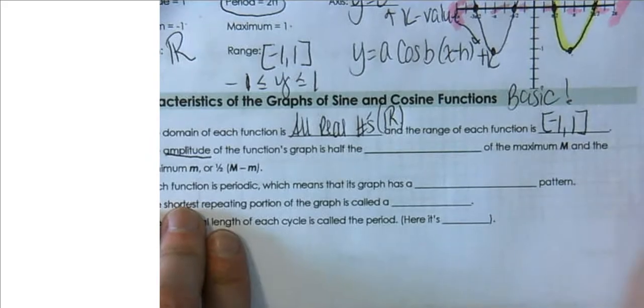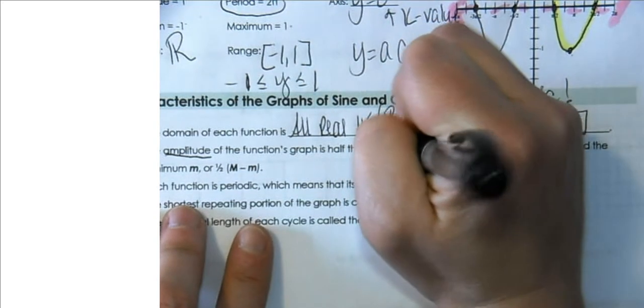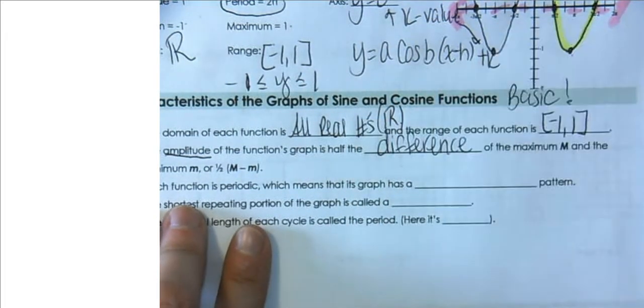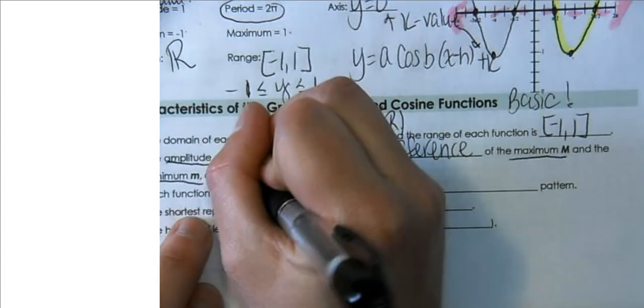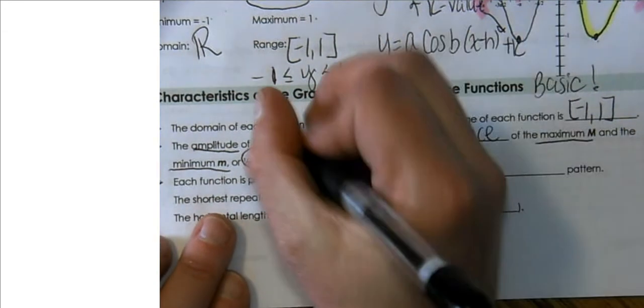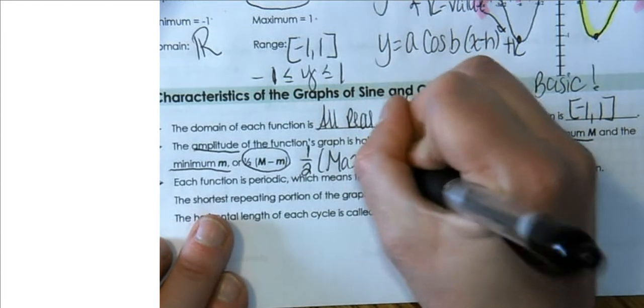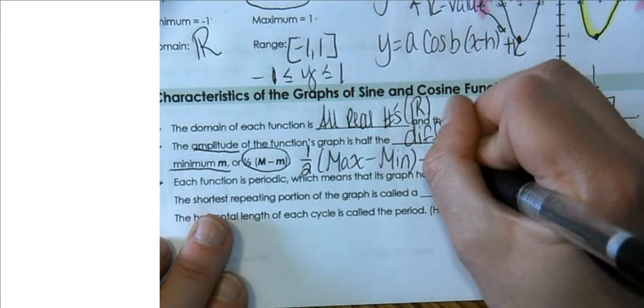Amplitude of the function's graph is half the difference of the maximum value and the minimum value. So we can write it as 1/2 times capital M minus little m, or you can write it as 1/2 times the max value minus the min value. That's going to equal the amplitude.